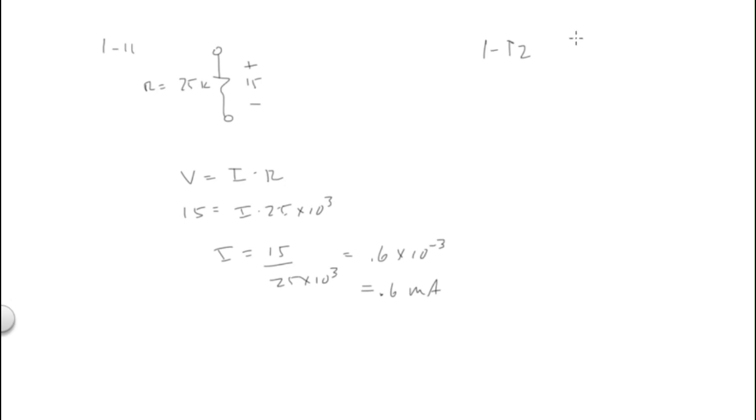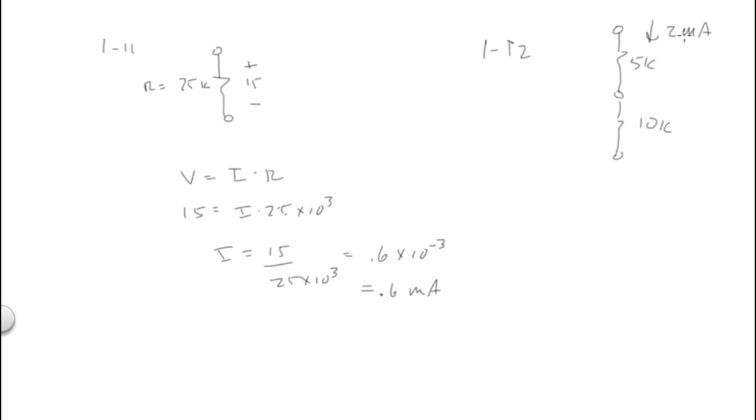This is 1-4D. Here we have a summation of voltages. We have 2 milliamps. We start here, we go through one voltage, then we go through another voltage, and then we get to the bottom. So we have 2 milliamps flowing down here. And we have 5K, and we have 10K.